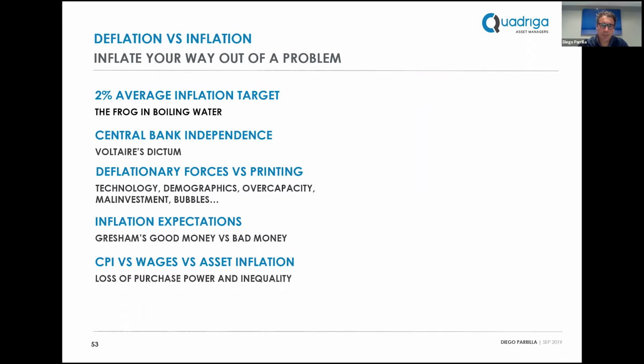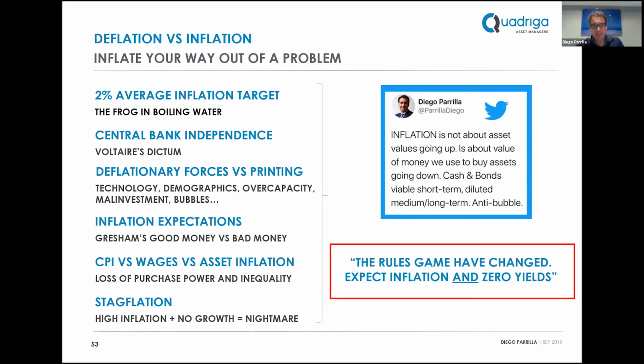I think central banks are in control in a low volatility environment. They lose control in a high volatility and high inflation environment, and the impact of inflation and inflation expectations on purchasing power and growth and many things is very damaging. So I think, and I've been arguing this for a long time, we've passed the point of no return.